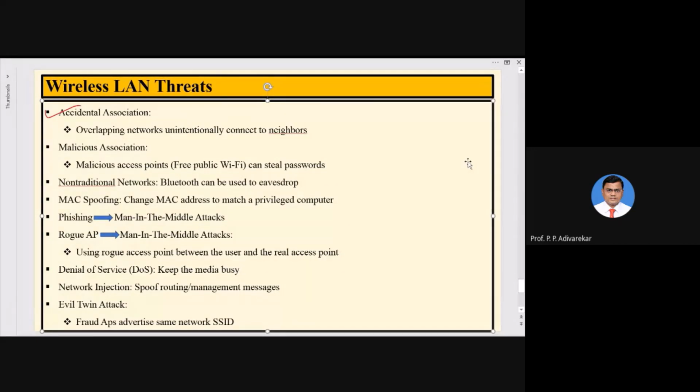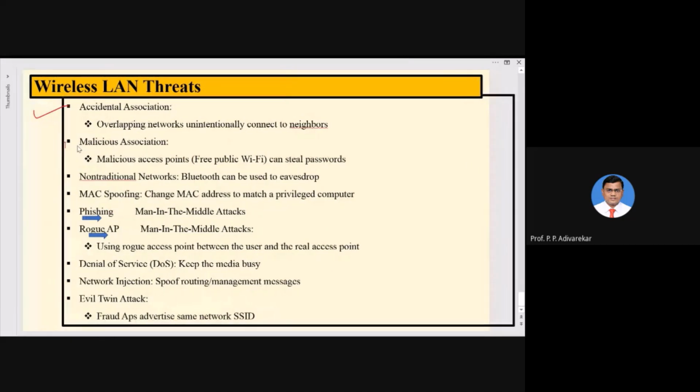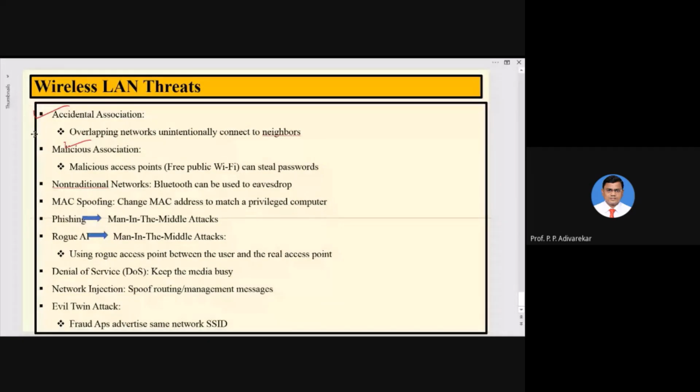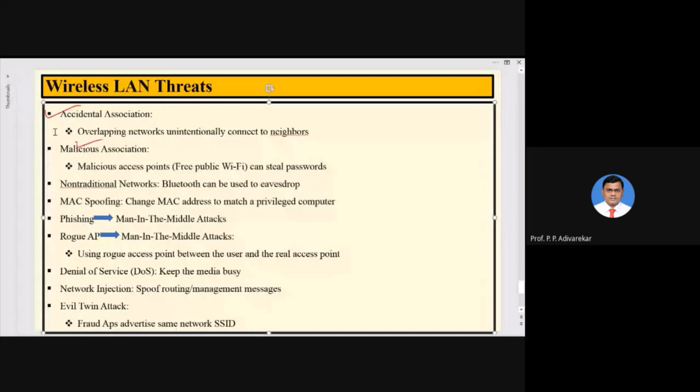Okay, then the second one is malicious association. Sometimes malicious access points, specifically in free public Wi-Fi, can steal passwords.